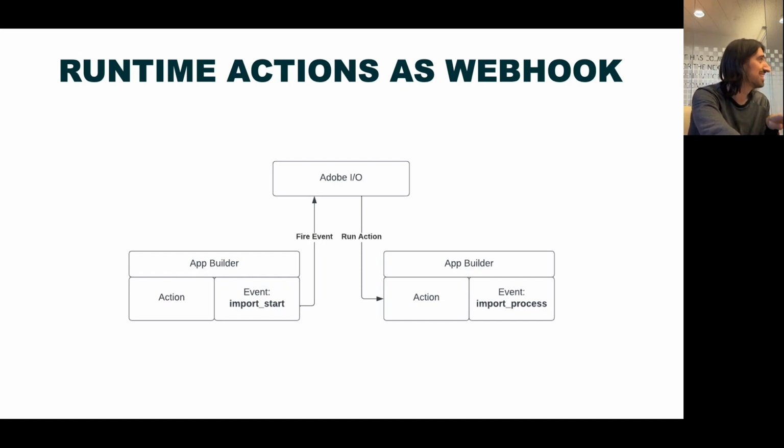You just don't define it there. I honestly don't know why Adobe pushes and separates it so much, but it's technically almost the same. You just define the URL for the external webhook, you create the App Builder application as a webhook. So you just send the webhook inside of the app to some other application or to another part of the same app.